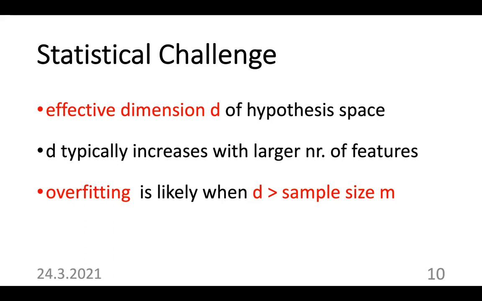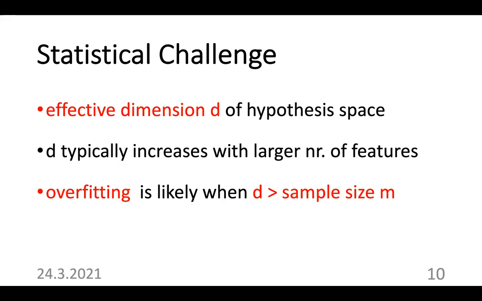If we use linear predictor maps, then the effective dimension is essentially the number of features. So typically this effective dimension increases with the number of features we use. And if we use 1 billion raw features, then overfitting is likely unless we use at least billions of training data points or sample size.